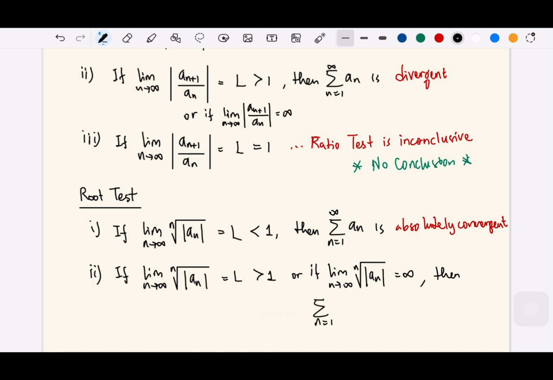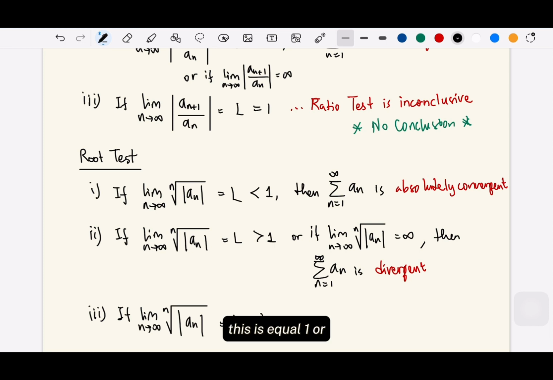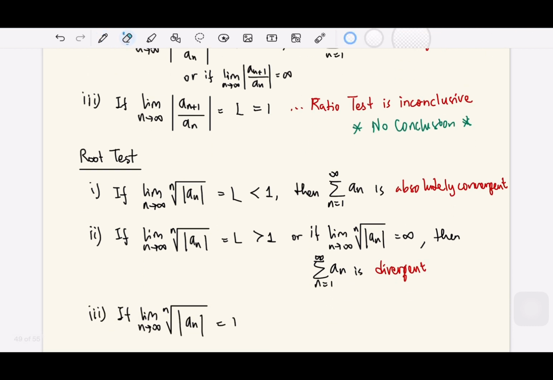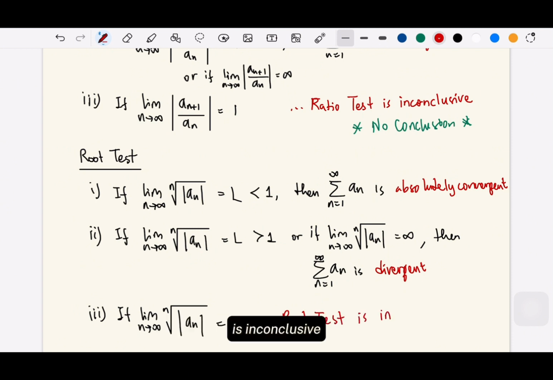Then the series a_n is divergent. And then if the limit is equal to 1, then the same result: the root test is inconclusive.